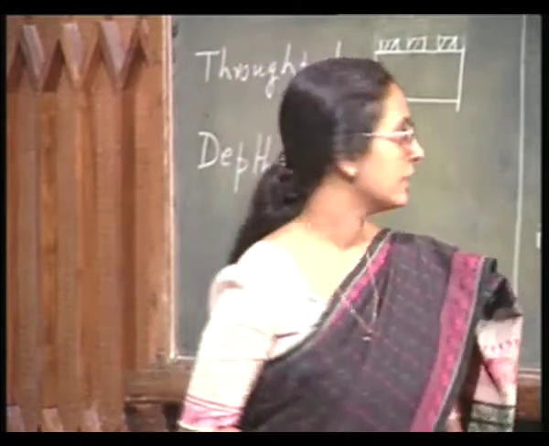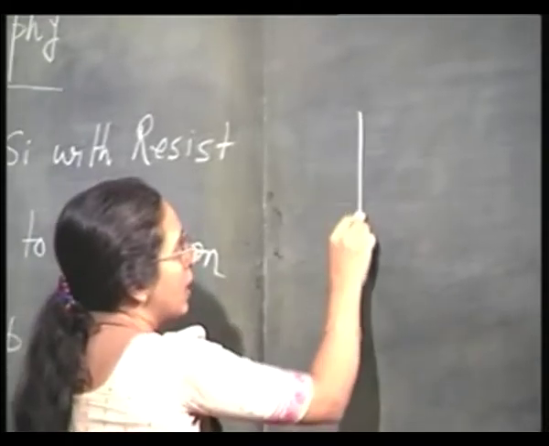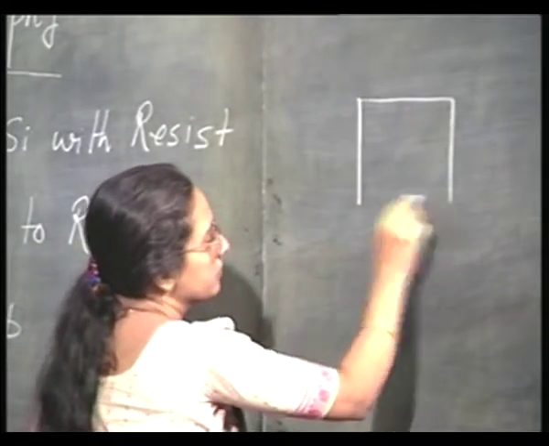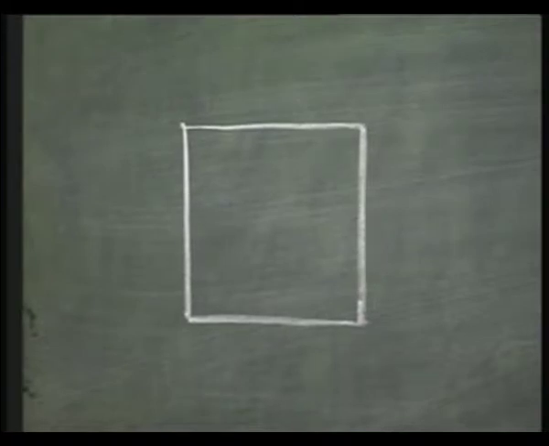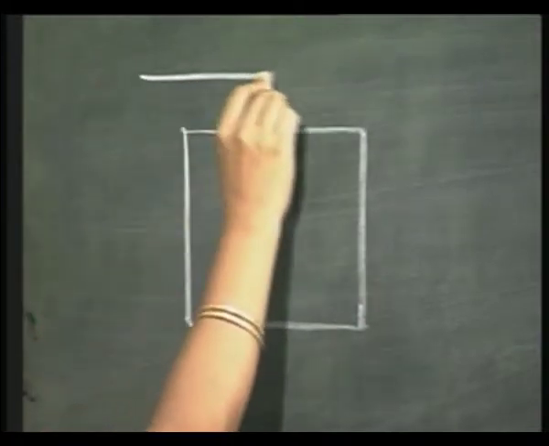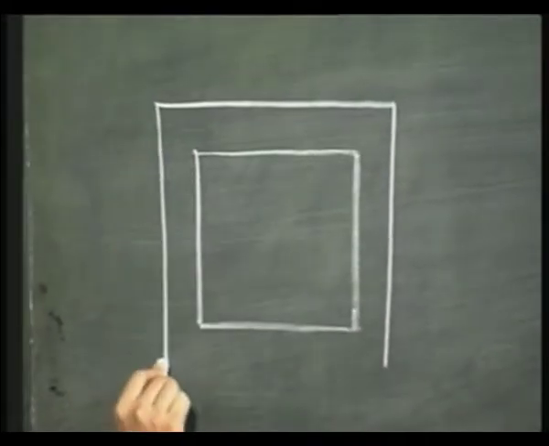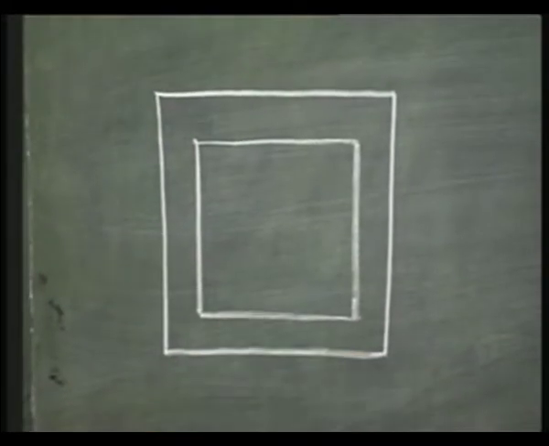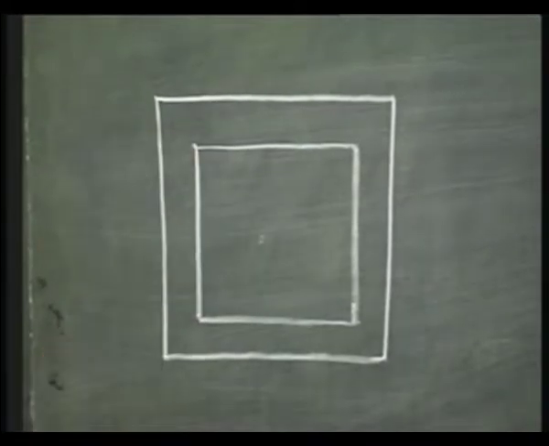What do I mean? That is, if this is my active area mask, my isolation mask must be exactly surrounding this. This is my first mask, this is my second mask. The second mask must be aligned to this.